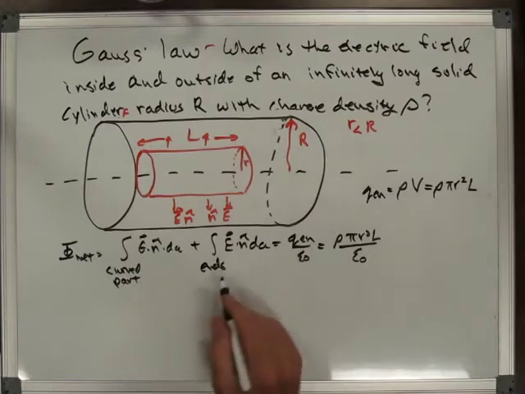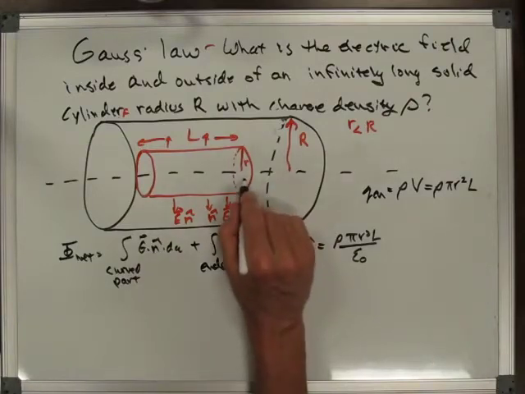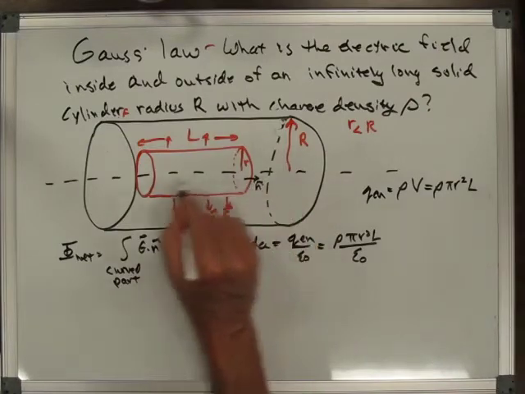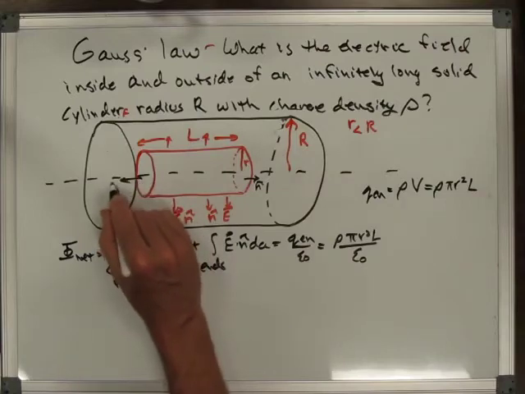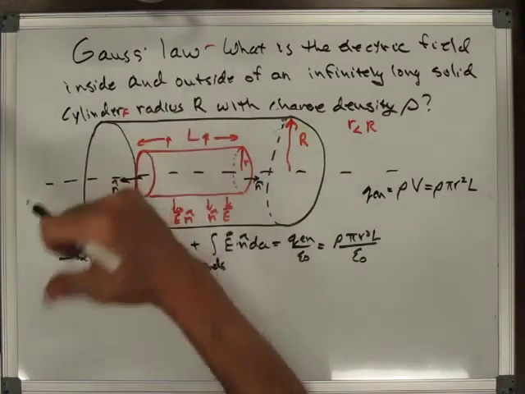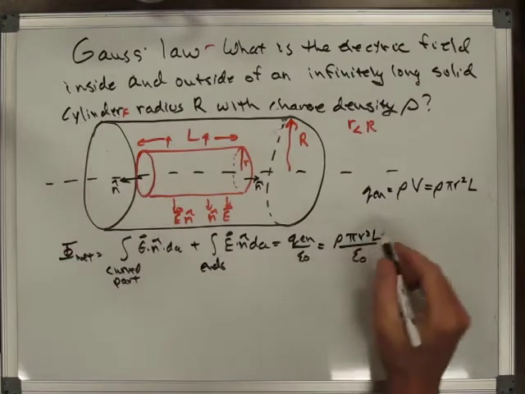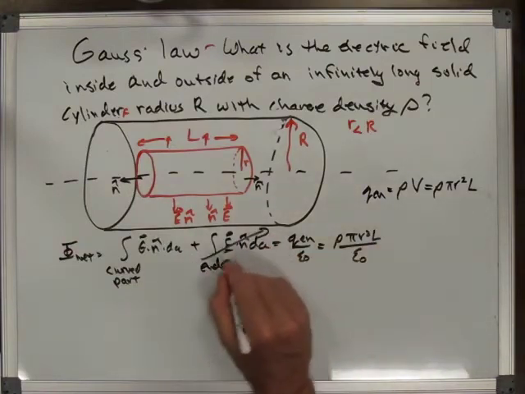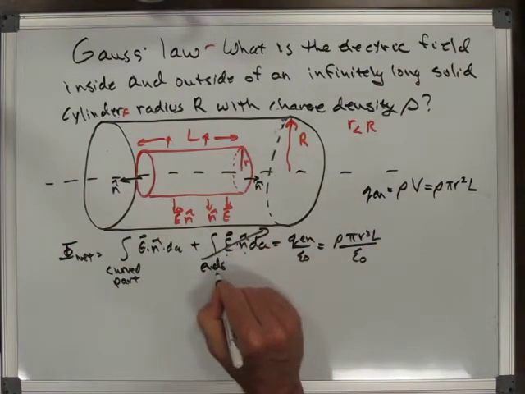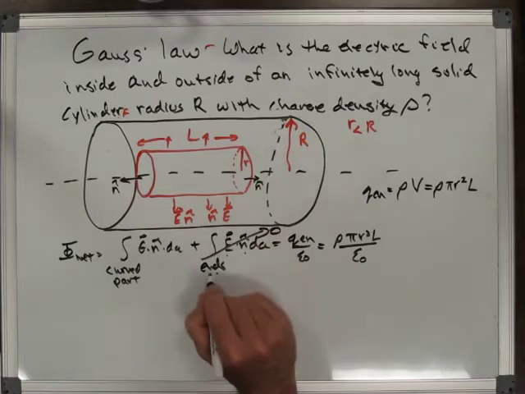And so just like before, we can say, look, the normal vector points outward on the sides, but the electric field still points radially. And so these two guys are perpendicular, E and n hat, on the ends, and so they contribute nothing.